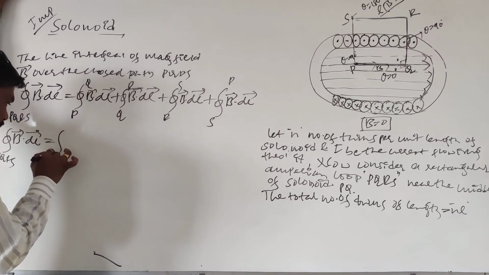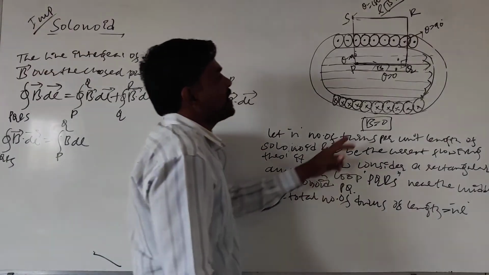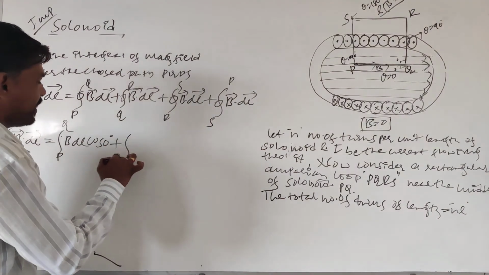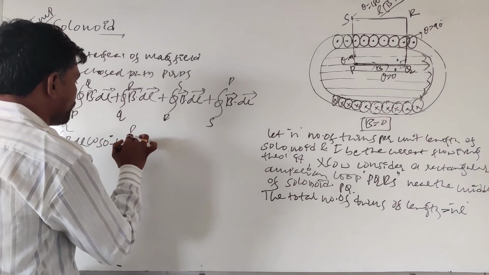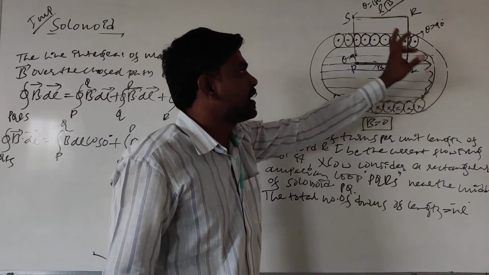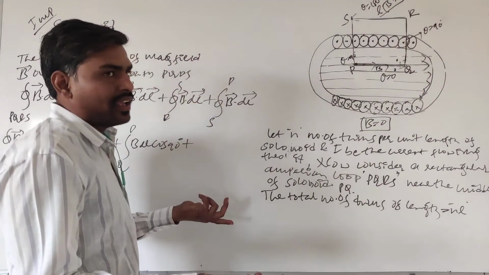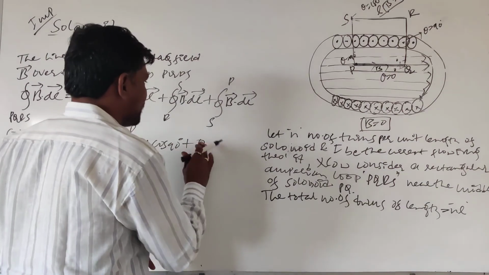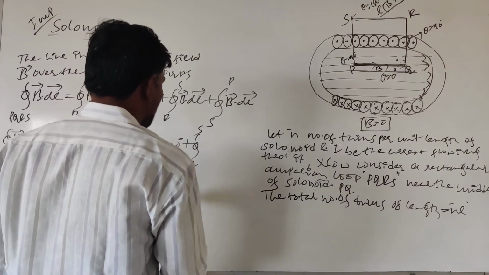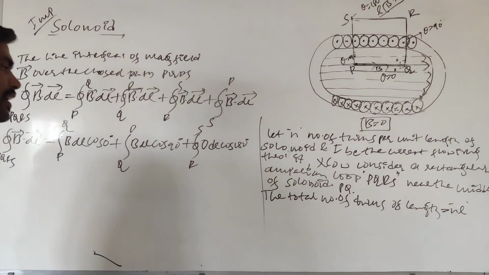P to Q: B dl cos 0 degree, plus Q to R: B dl cos 90 degree, plus R to S where B is 0: 0 dl cos 180 degree.